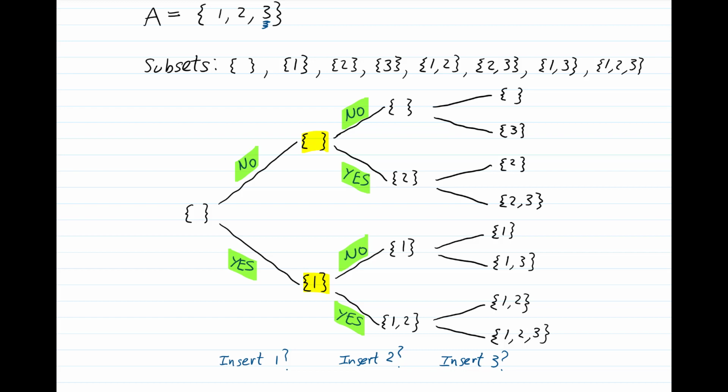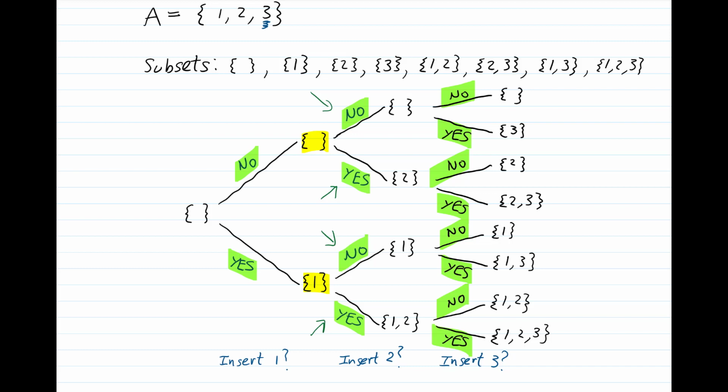And we got 2 possibilities, yes and no. For each of those 4, we had 2 possibilities. So that means we end up with a total of 4 times 2.